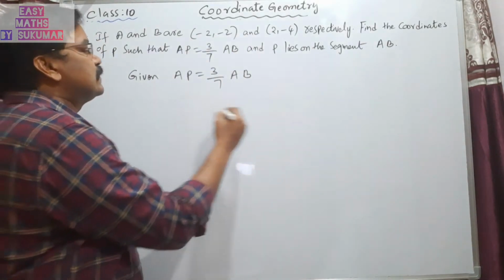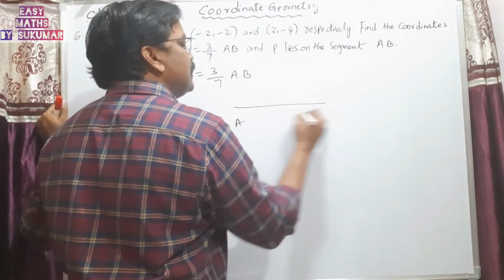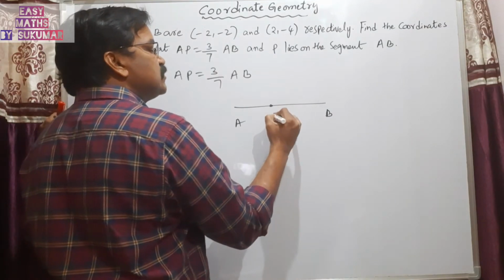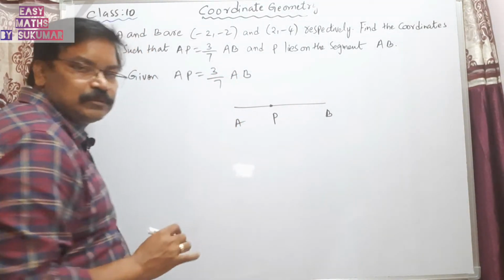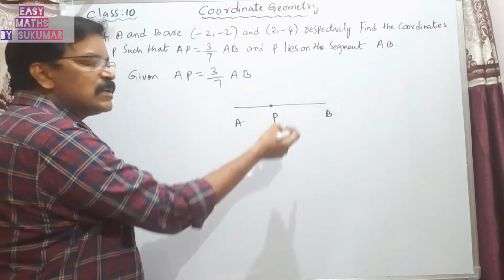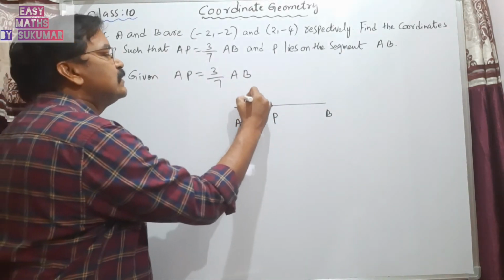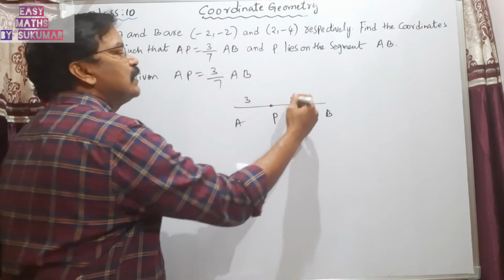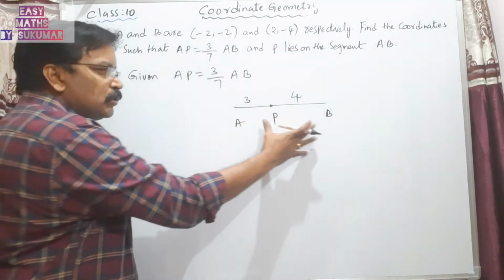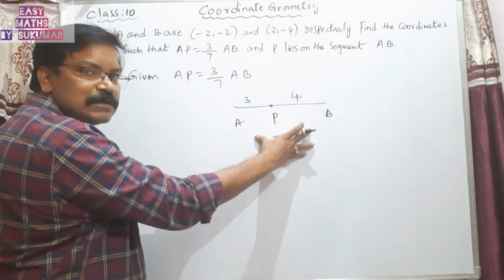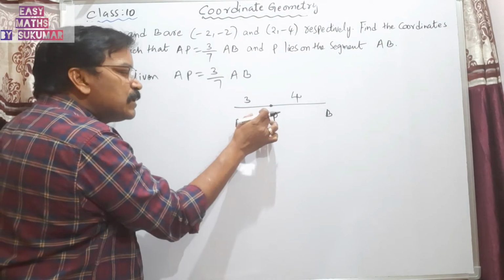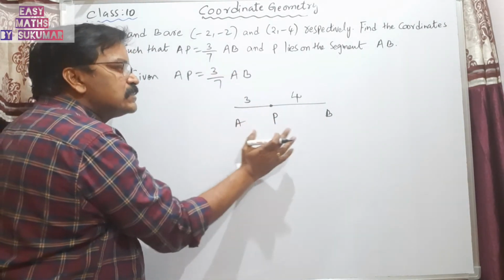That means just take a line segment AB. So this is point P, for example. This AP is equal to 3/7 of AB. That means this is 3 parts and the remaining one is 4 parts. Understood? So the total parts are 7 parts here. AB is equal to 7 parts, so AP is 3/7 of AB.